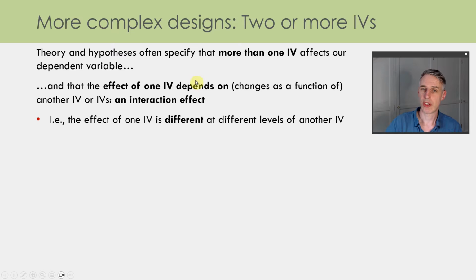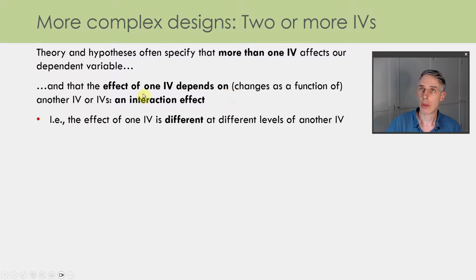Right. And more specifically, not only do we have more than one independent variable, we also might reason that the effect of one independent variable might depend on or change as a function of another independent variable, a second independent variable, or even a third independent variable.